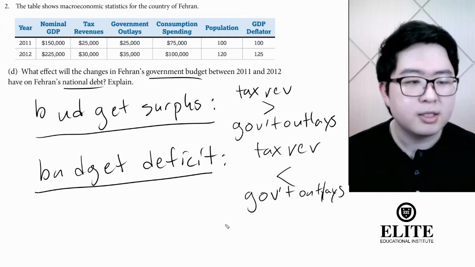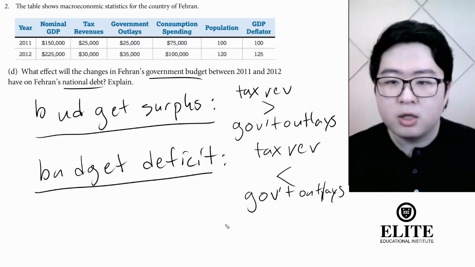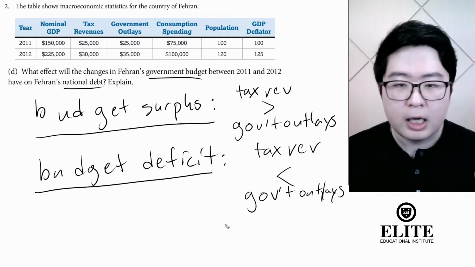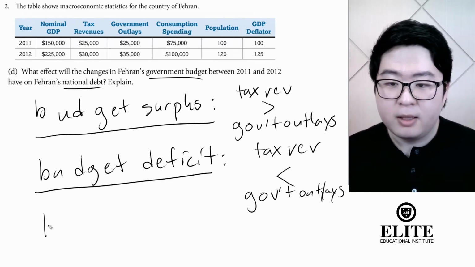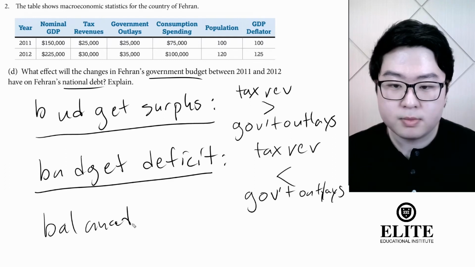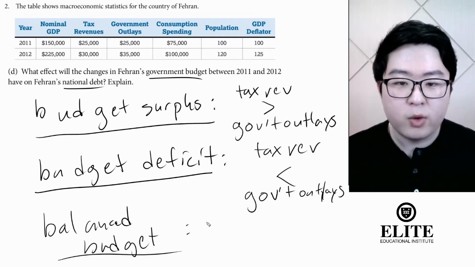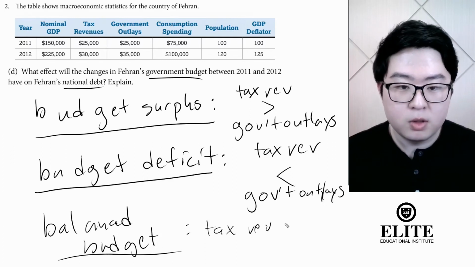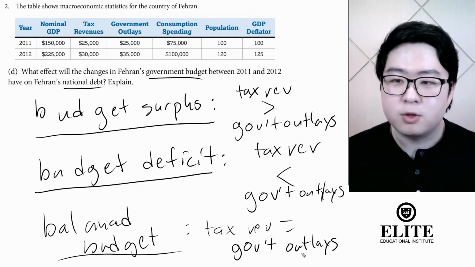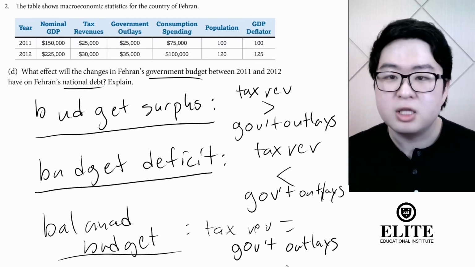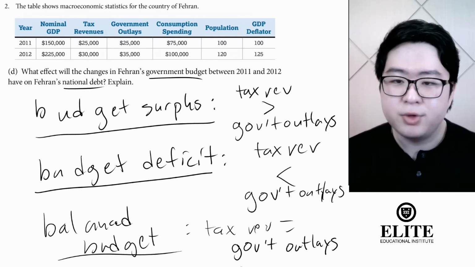So surpluses make the national debt go down, and budget deficits make national debt go up. Of course, we can also have the case that we have a balanced budget. And that's the case where tax revenues equal government outlays, right? And that's going to leave us with a grand total of nothing left over, but nothing that we need to borrow, and as such, that's going to make no impact on the national debt.